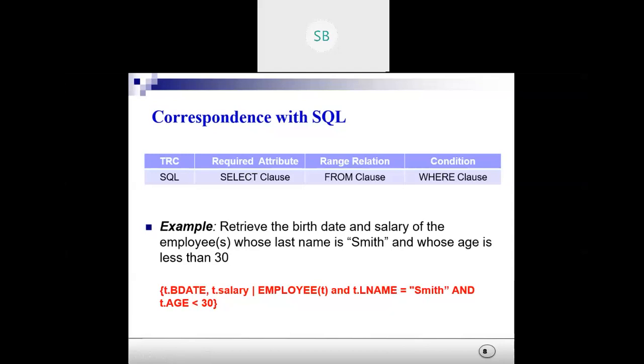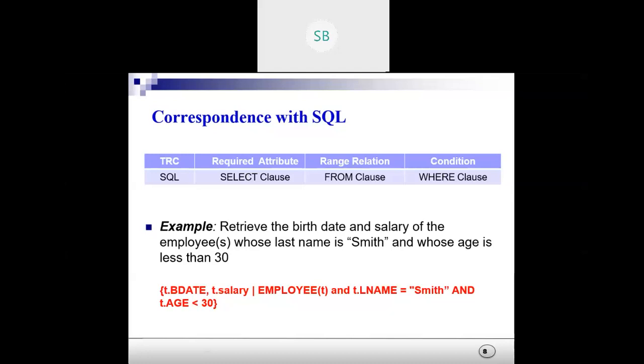I just gave an example. There may be many people whose age is less than 30 years, but last name Smith is not there, so that condition will be false. Because it is AND, if both conditions are true, then only it will be true. If both conditions are false, then it will be false, obviously. And if one of the conditions is false, then also it will be false.